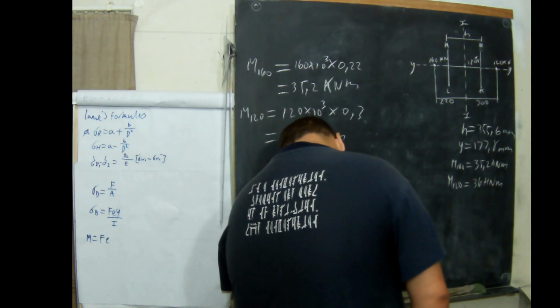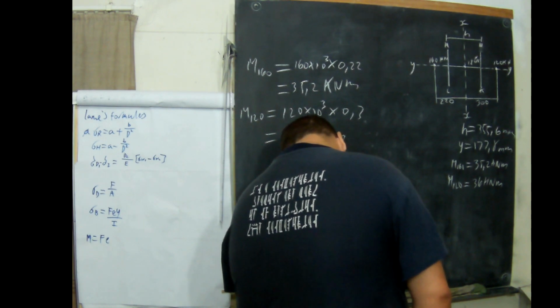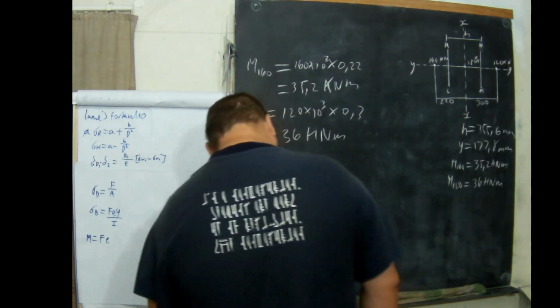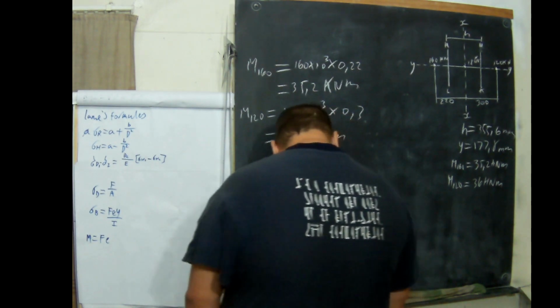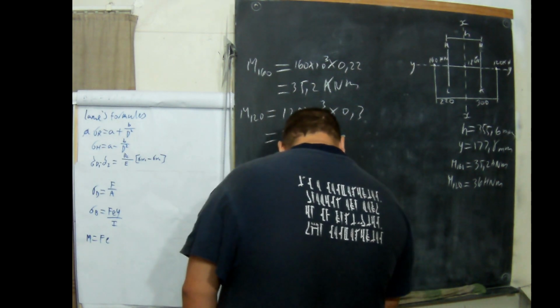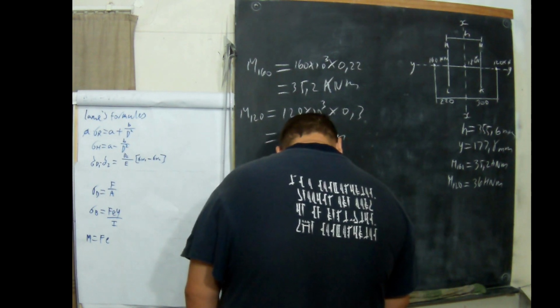Alright, the next step. We need to find our resultant bending moment. This is a bending moment, so it says calculate the stress at ML and NK.